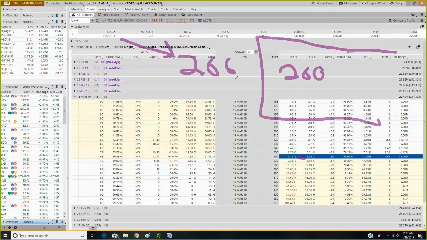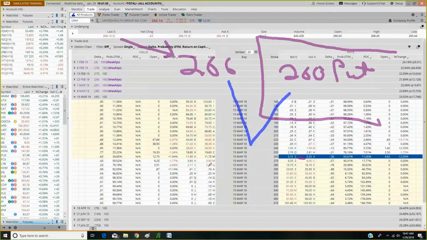If I buy the 260 put and the stock is at 266, how much does this have to go down for me to basically break even? $6. It has to go down $6.